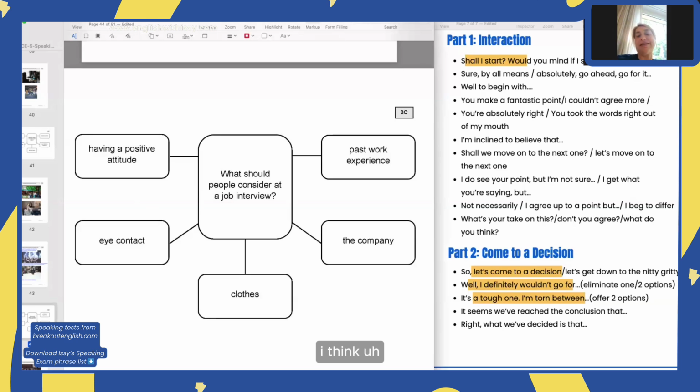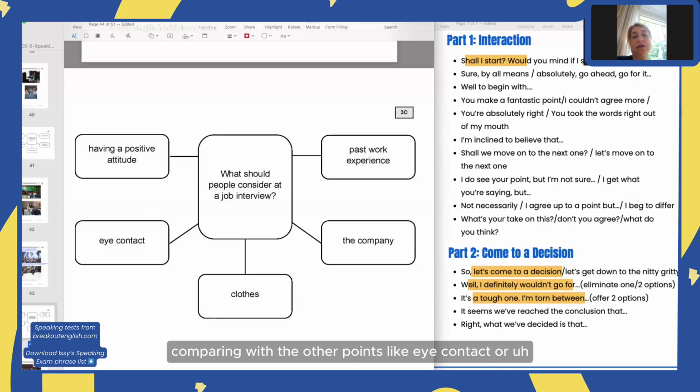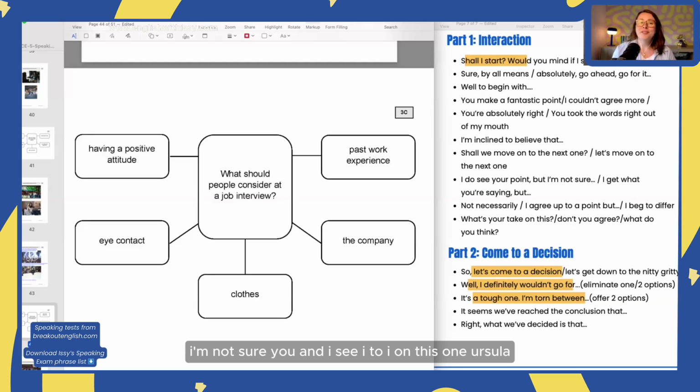I think past working experience takes really a backseat compared with the other points, like eye contact or having a positive attitude. What do you think? I'm not sure you and I see eye to eye on this one, Ursula.